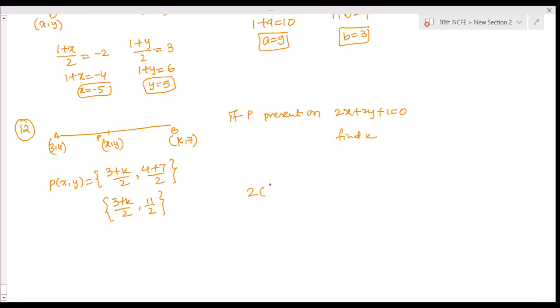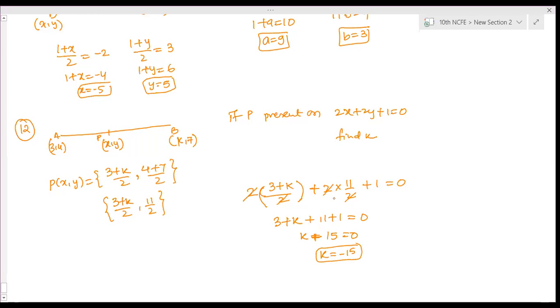So 2 into x, that is 3 plus K by 2, plus 2 into 11 by 2 plus 1 is equal to 0. So this 2 gets cancelled. This 2 gets cancelled. 3 plus K plus 11 plus 1 is equal to 0. K plus 12 plus 3, 15 is equal to 0. K is equal to minus 15.